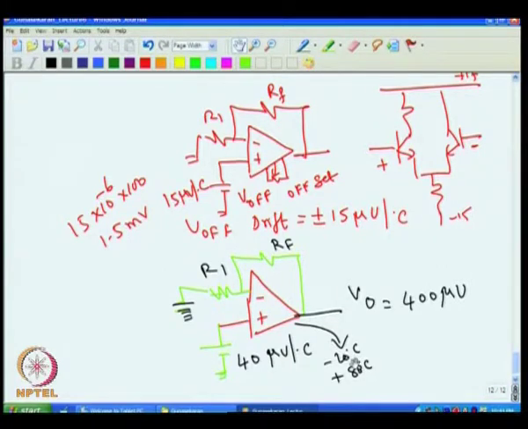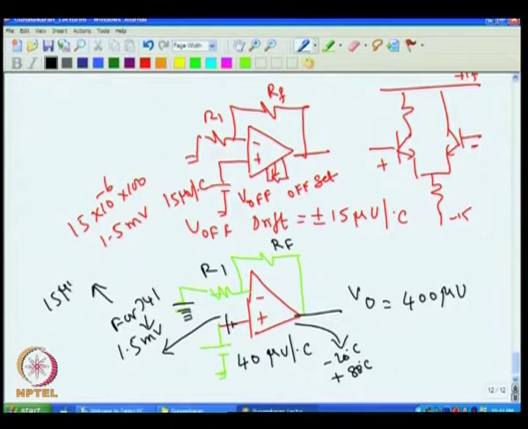When a 100 degree temperature change occurs in this op amp, while the voltage we want to amplify remains 40 microvolt, we have to anticipate an offset voltage here, which comes in series with this. For a 741 this becomes 1.5 millivolt, because the drift, as I said, is 15 microvolt per degree C. So for 100 degree C, that turns out to be 1.5 millivolt.